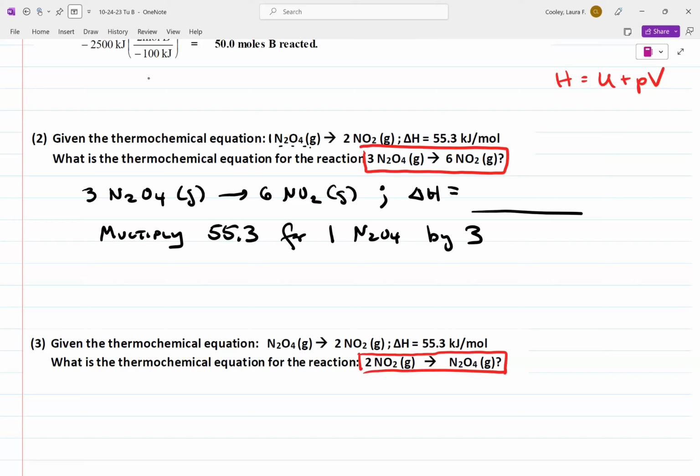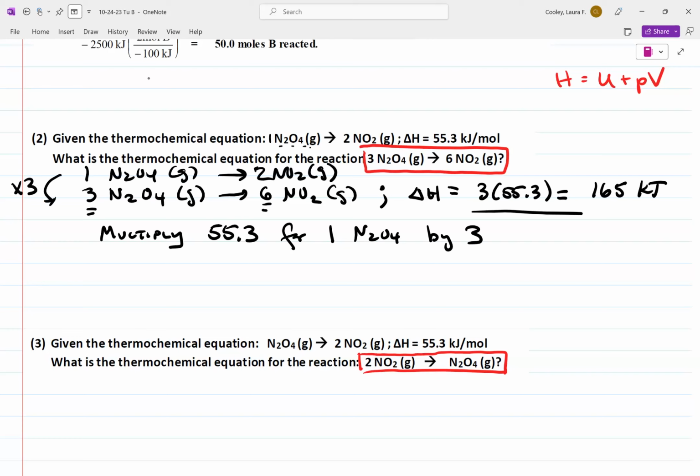Okay. So for this reaction, it would be 3 times 55.3, or as Nikolai said, 165 kilojoules. Because we had 1 N2O4 goes to 2 NO2, and you have to multiply by 3 to get the 3, we have to multiply the delta H by 3 as well.